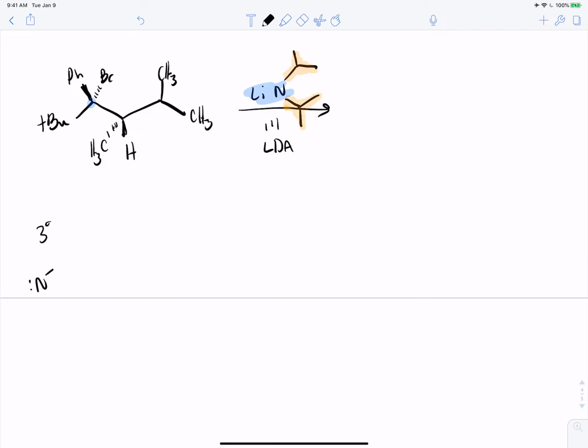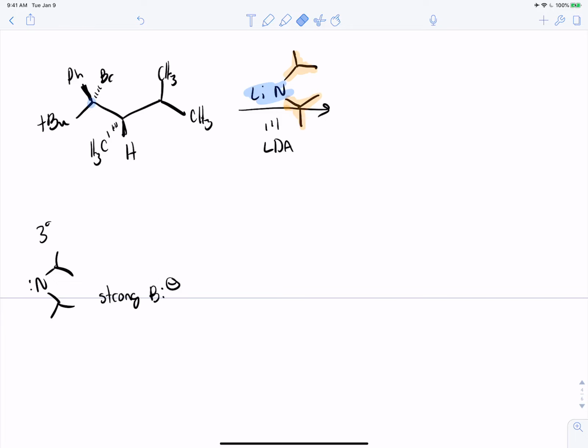So we've got our base, which I wouldn't say is a weak nucleophile necessarily. Let's call it a weak nucleophile. It's not a weak nucleophile in the thermodynamic sense. It's just kinetically kind of slow because it's bulky. But it's a strong base more than anything.